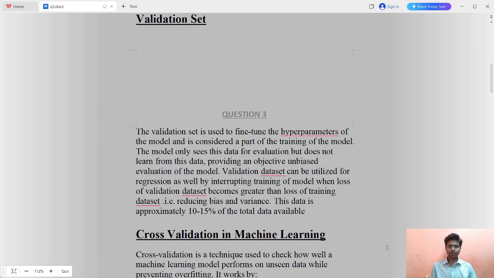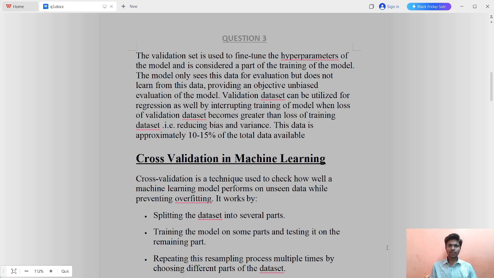Validation set. The validation set is used to fine tune the hyperparameters of the model and is considered a part of the training of the model. The model only sees the data for evaluation but does not learn from this data, providing an objective, unbiased evaluation of the model.